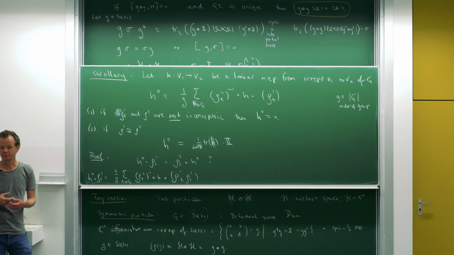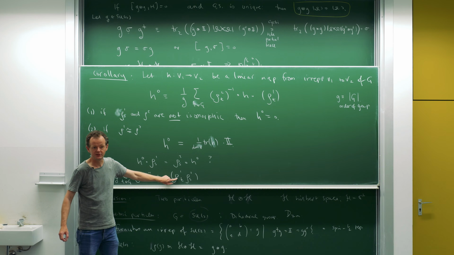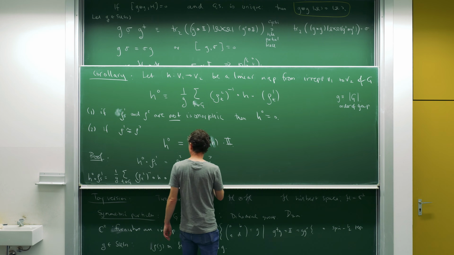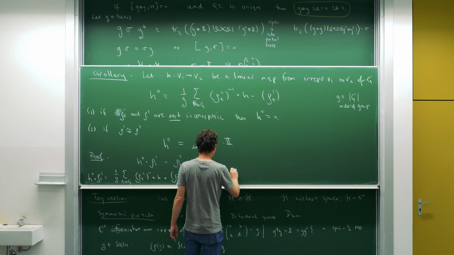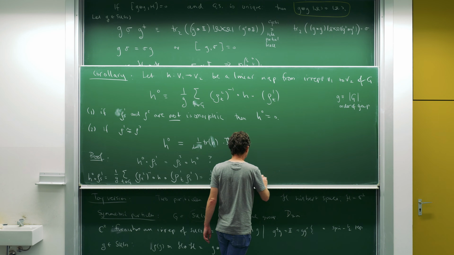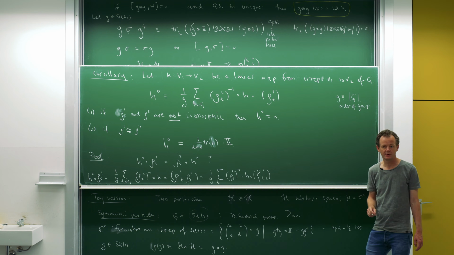Okay, first step is to multiply from the right with rho S inverse. But this is a representation, so that's the same as rho TS. And now we're going to change variable on the summation.